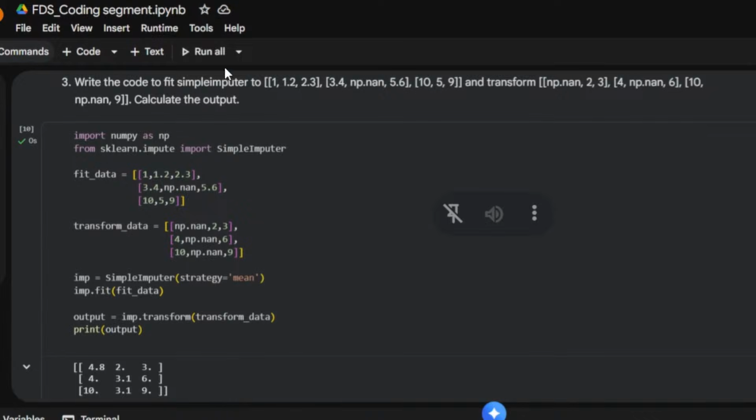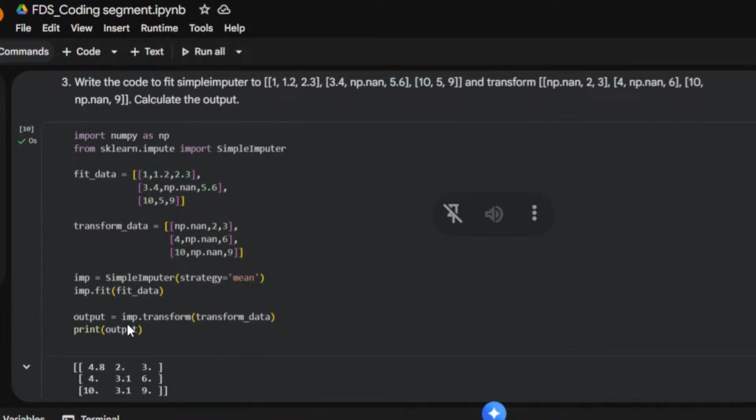This is given in the question: fit the simple imputer to this data and transform this data. Fit data, transform data: fitting for the fit data, and then imputer.transform of the transform data.